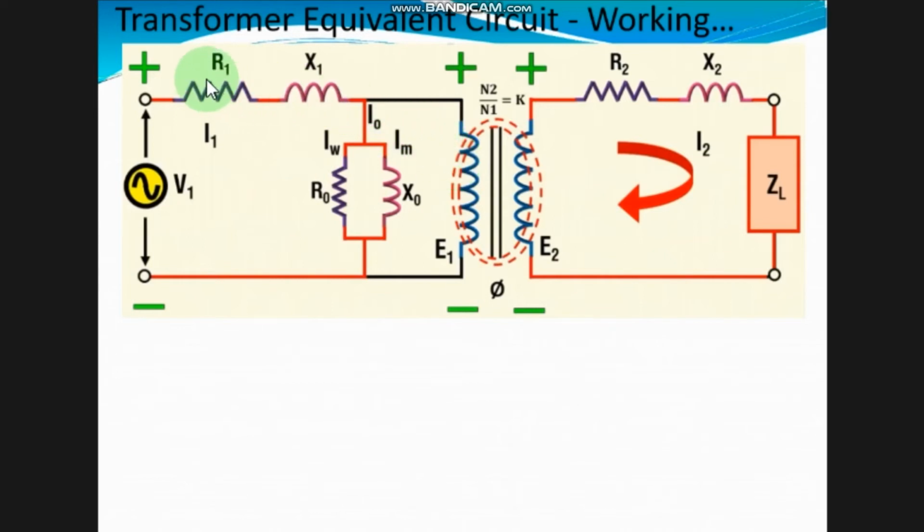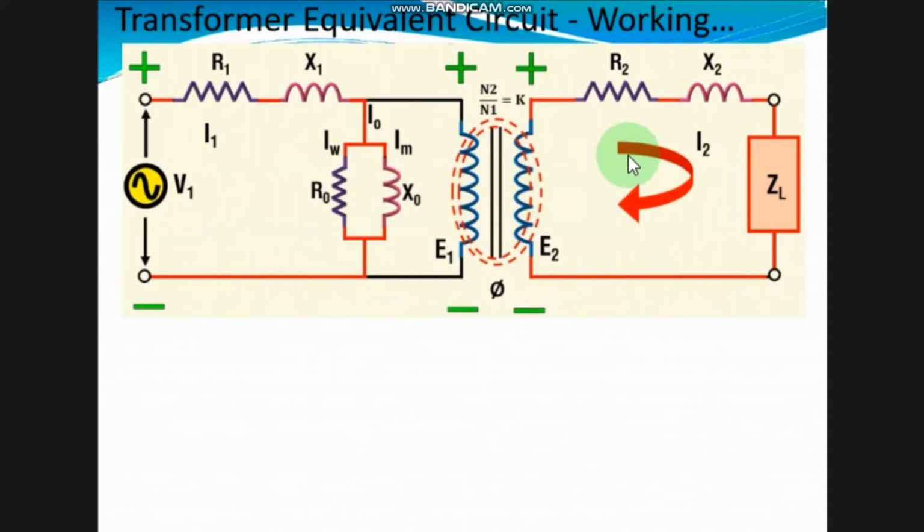So to represent all these practical parameters, what we did was add some components to this ideal transformer, right? So this R1 represents the primary winding resistance, and X1 represents the leakage reactance, and this parallel branch is actually representing the core losses. So this R naught is representing the eddy current loss and hysteresis loss, and X naught represents the initializing magnetic current.